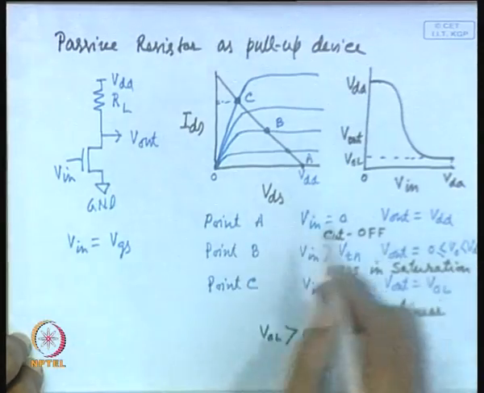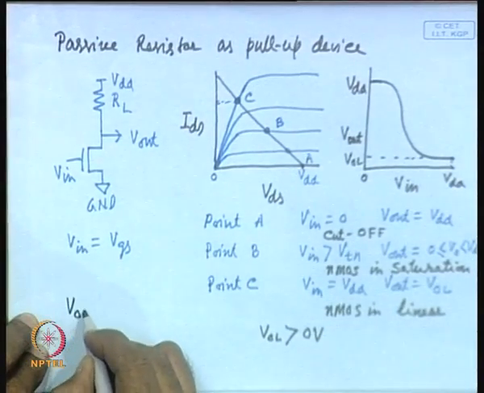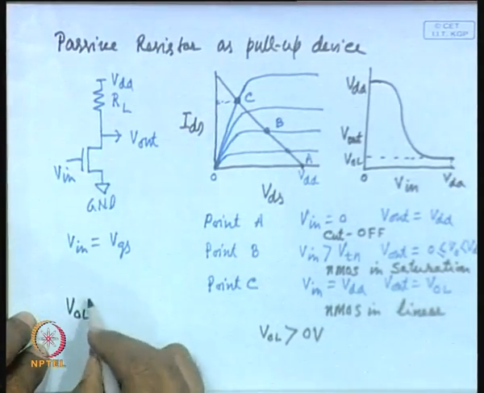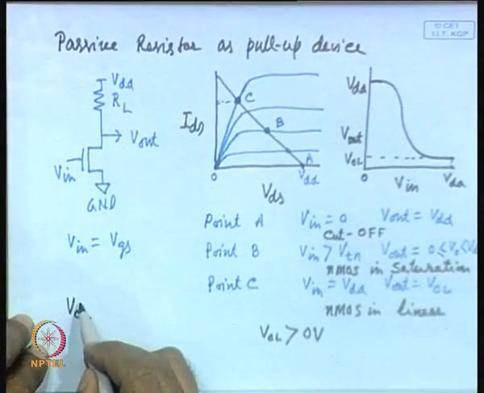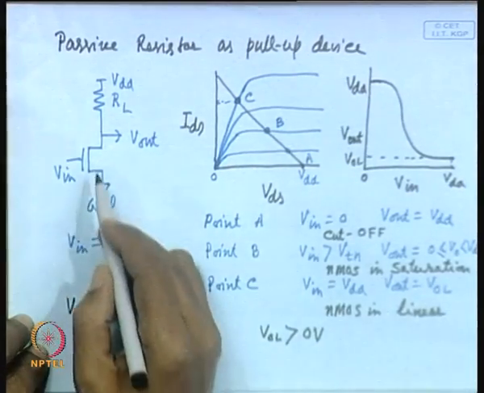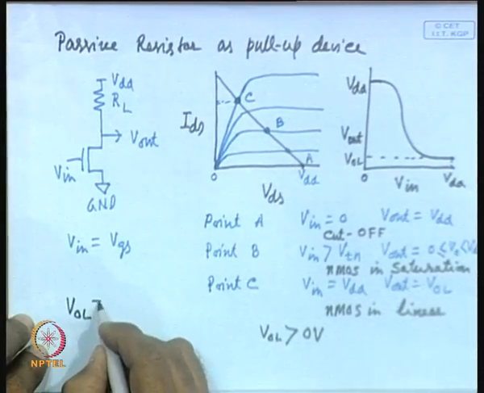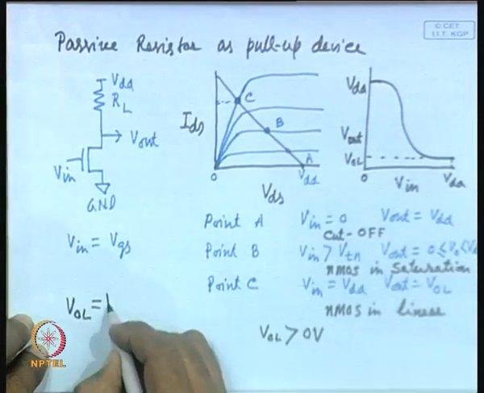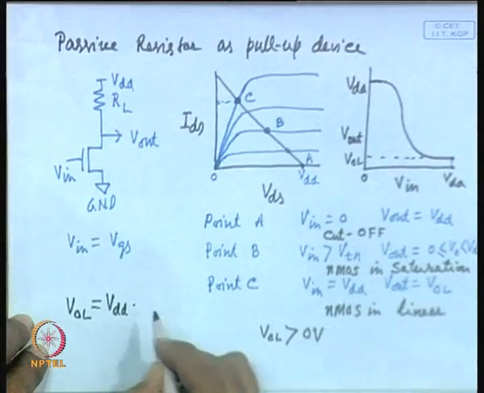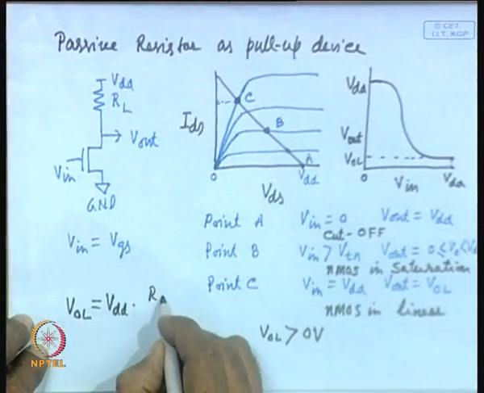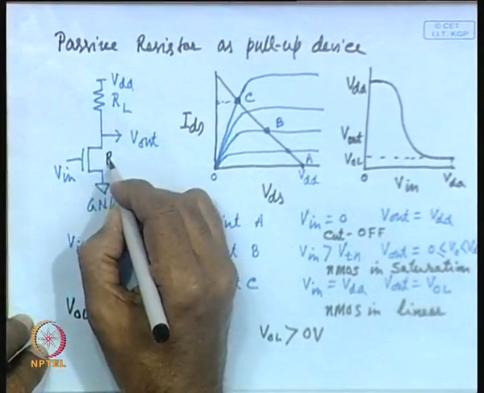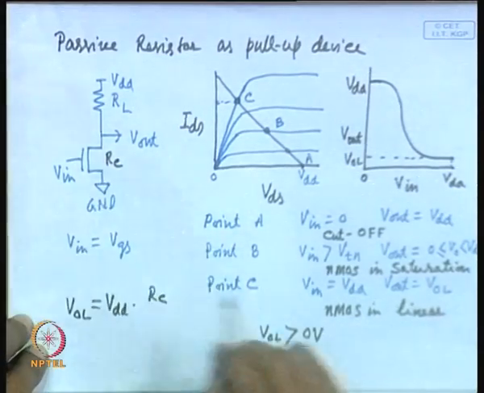Now, you may be asking on what factor this low level output will depend. On what factor will VOL depend? How do you find out the value of VOL? VOL is equal to VDD into RC by RC plus RL, where RC is the channel resistance of this transistor.